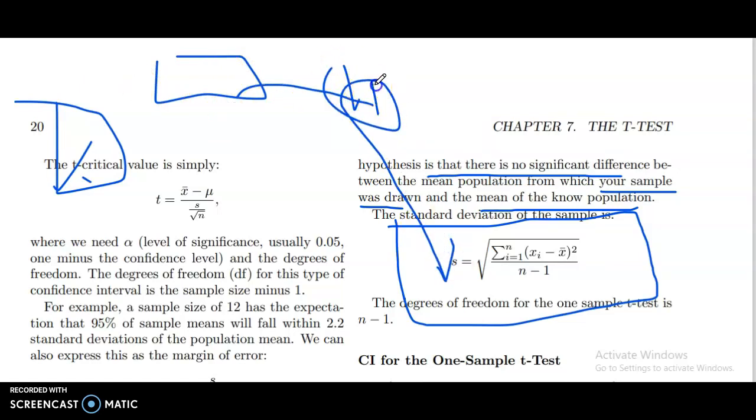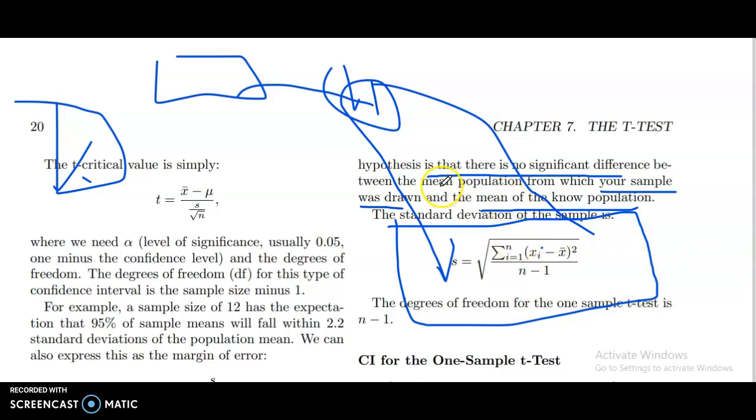So what we are doing first: square root means reducing the value. Then summation from i equal to 1 to n, we add up x1, x2, x3, up to xn.